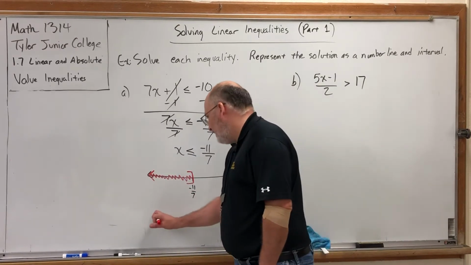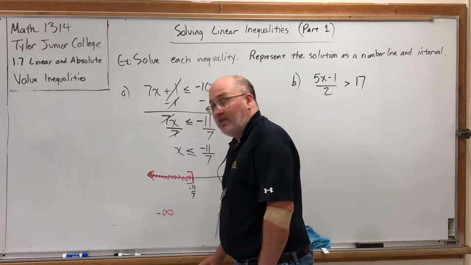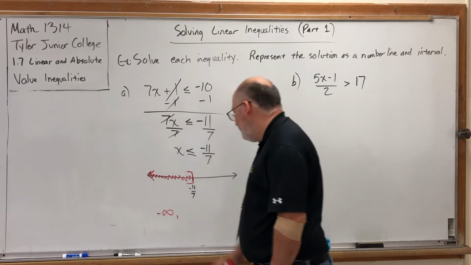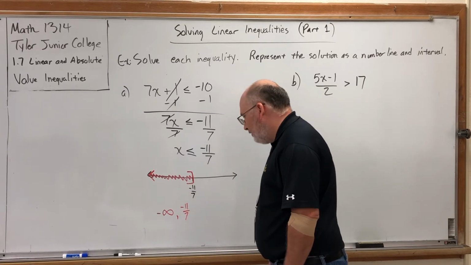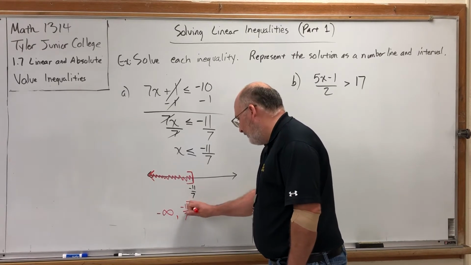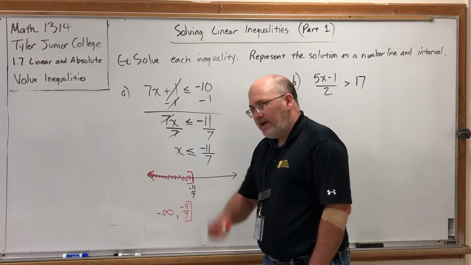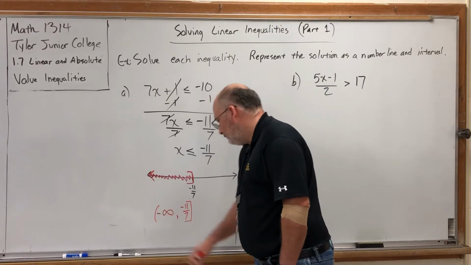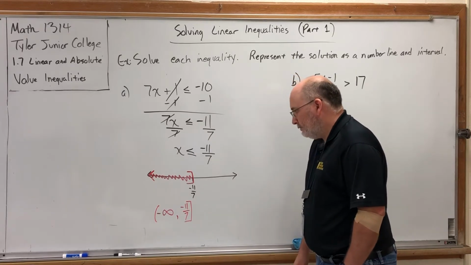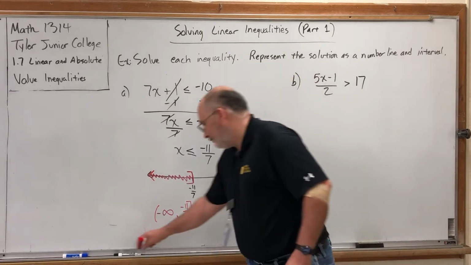Forever, which means negative infinity, because it's to the left, comma, and clearly it goes to negative 11 sevenths on the right. We've already decided that the negative 11 sevenths gets a bracket, and infinities always get parentheses. That was pretty easy, I think.